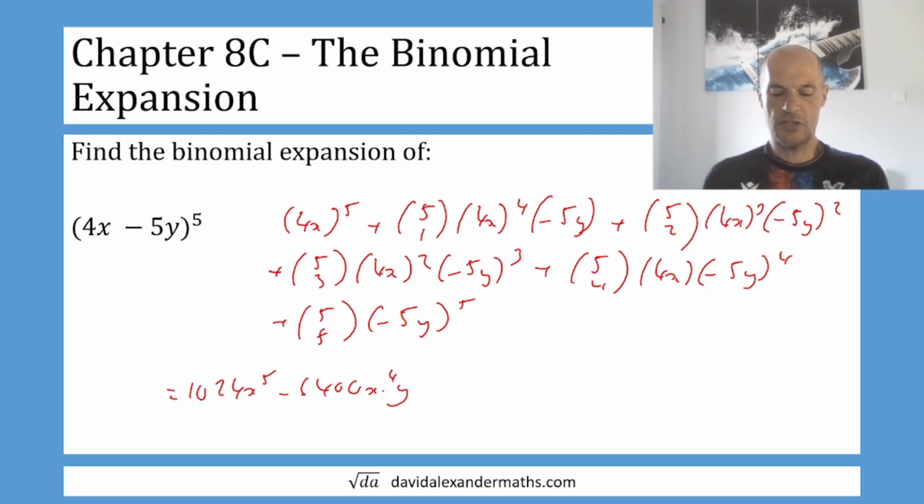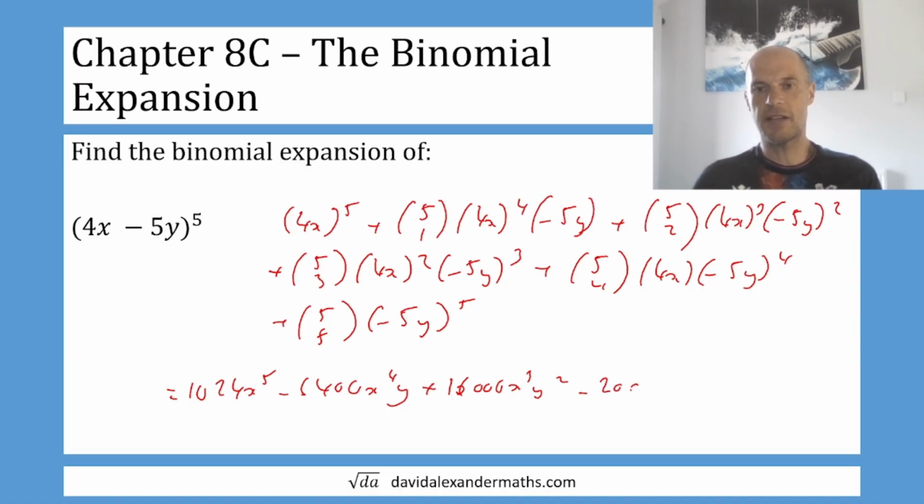Next term is 5 choose 2 times 4 cubed times negative 5 squared, and that is plus 16,000x cubed y squared. The next term is 5 choose 3, which is 10, times 4 squared times negative 5 cubed, which is negative 20,000. So you can see we get some pretty big numbers here.